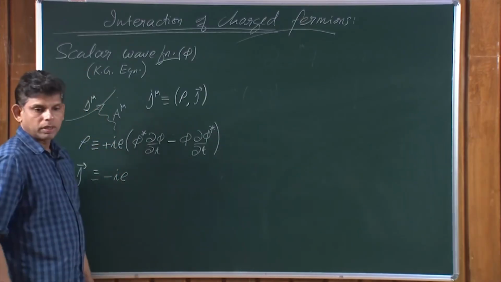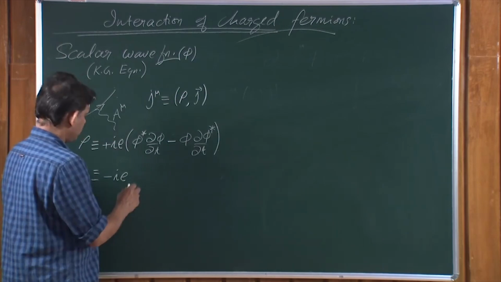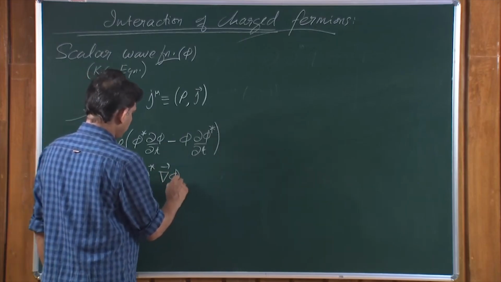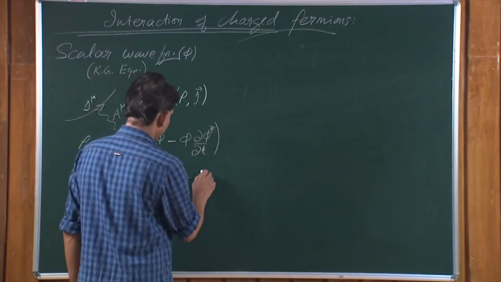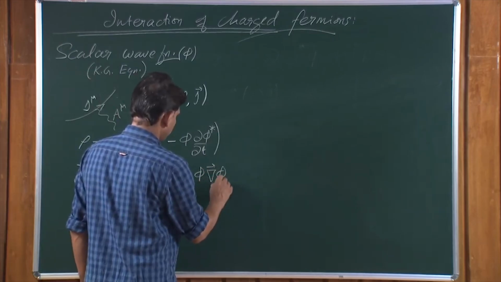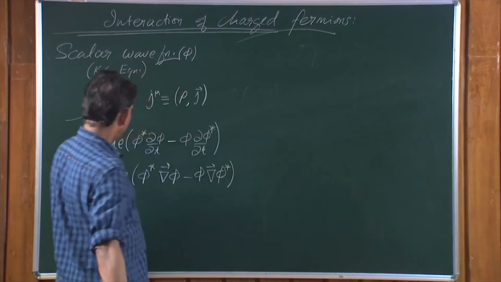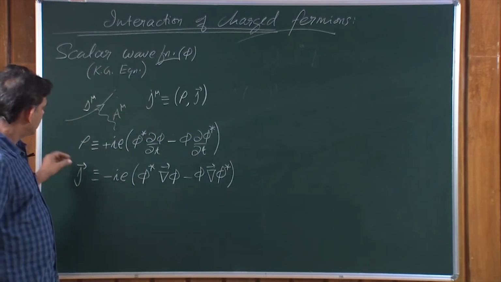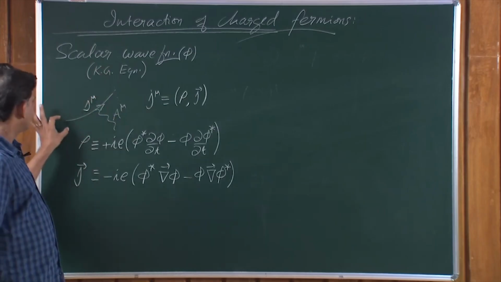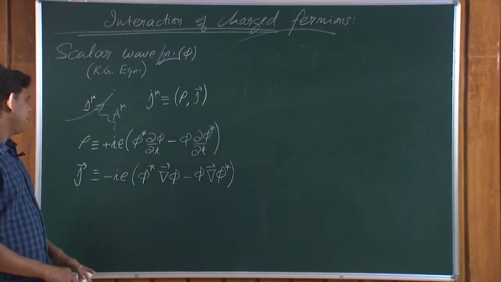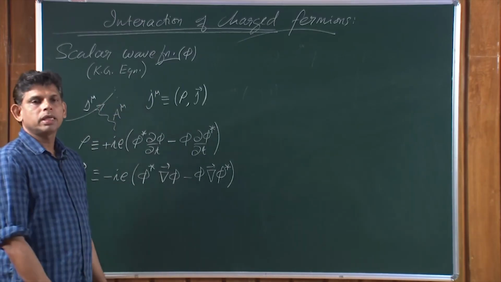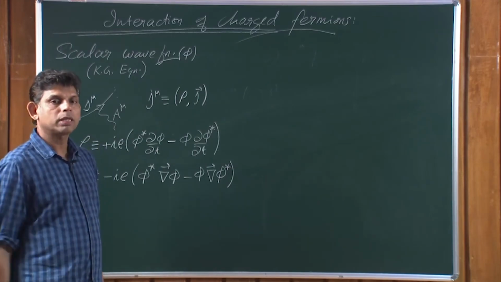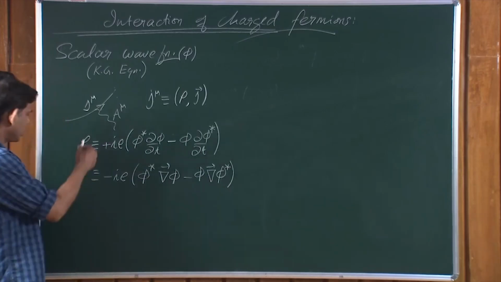Here it is a plus, it is minus i E, and phi star gradient of phi minus phi gradient of phi star. Interpretation here is the current, that is the electric current itself, that is represented by this J. So, in a sense, if you look at the electrodynamics, the Maxwell's equations and all the classical electrodynamics, this notation is clear there.